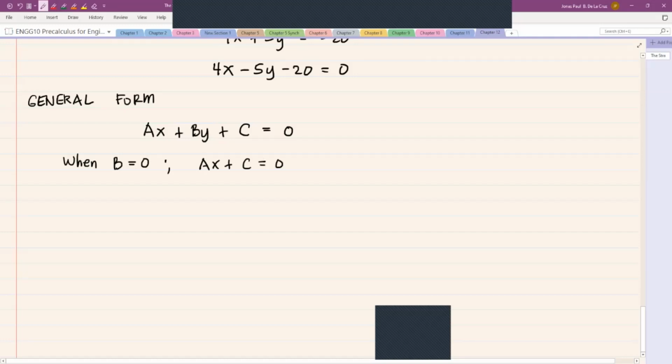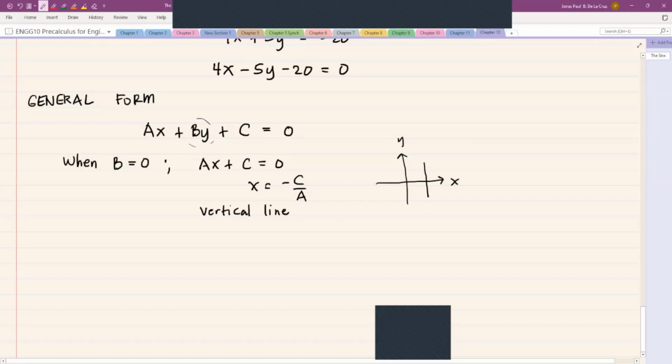Meaning, x is equal to negative c over a. Ang alam natin dito, x is equal to a number. Ano yung itsura nito? If this is our x and y axis, ang itsura niyan ay ganyan. So this is a vertical line. When b is equal to 0, we have a vertical line. Kapag nakakita ko yun ng equation na walang y term, then we have a vertical line.